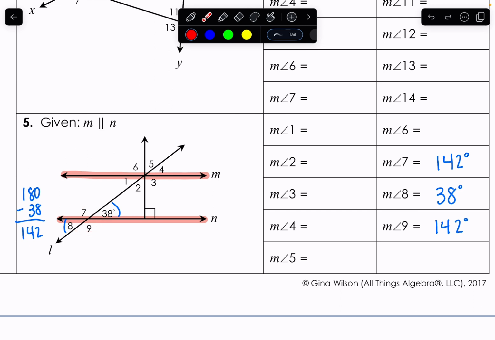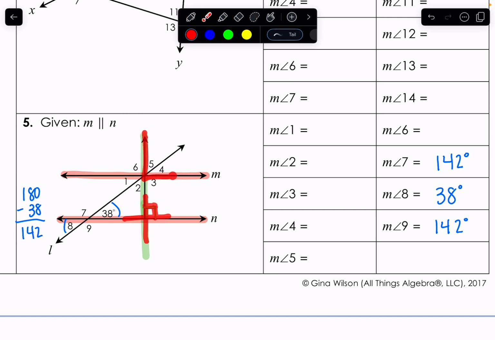All right, so moving on up, let's focus on this one first, my green transversal. I know that this side here is 90 degrees, and it is on the top right.